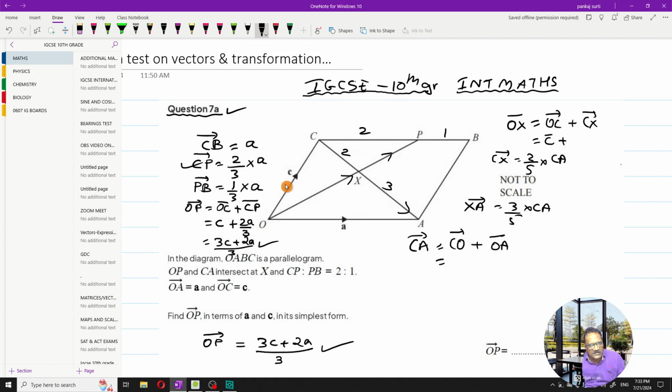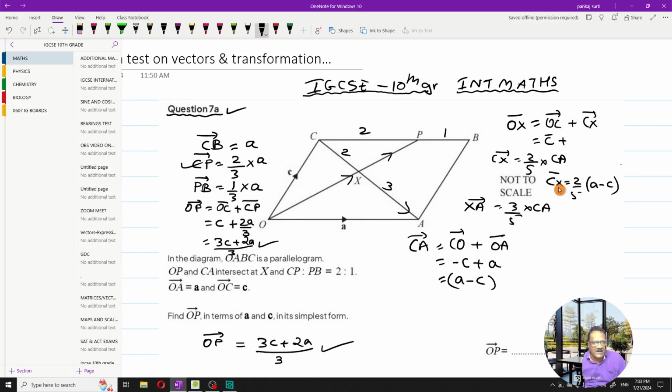Now, CO is nothing but the opposite of OC, so I'll write here minus C. And OA is nothing but A. So this can be written as A minus C. So I am getting CA as A minus C. Now if I substitute over here, my CX will be equal to 2 upon 5 multiplied by (A minus C). Got it? So I got this CX now.